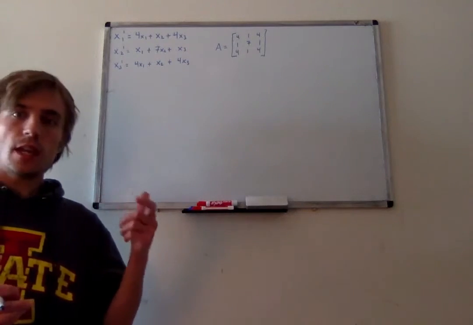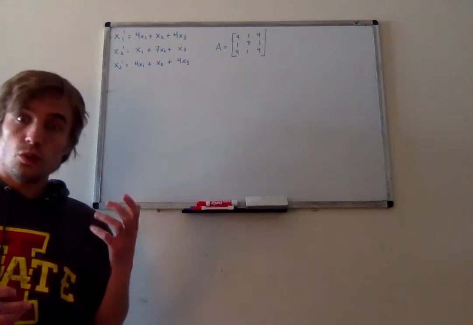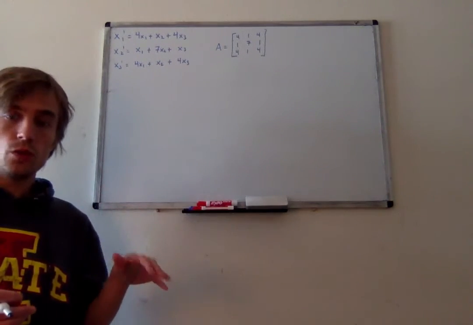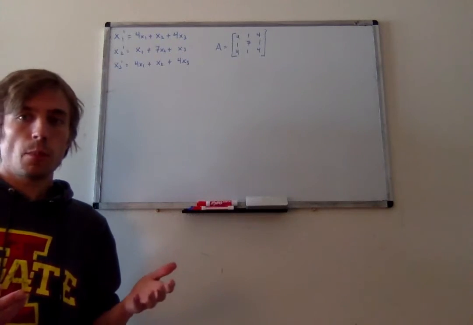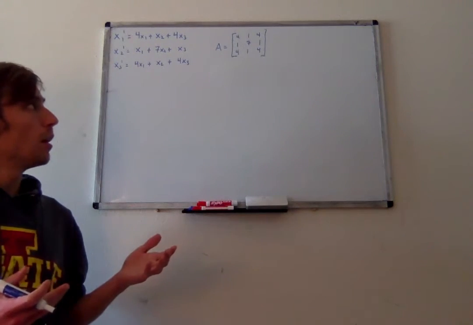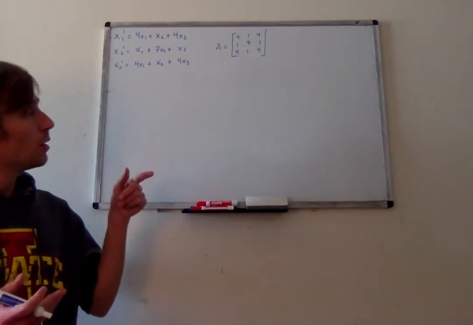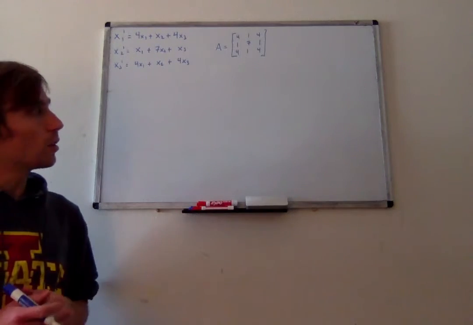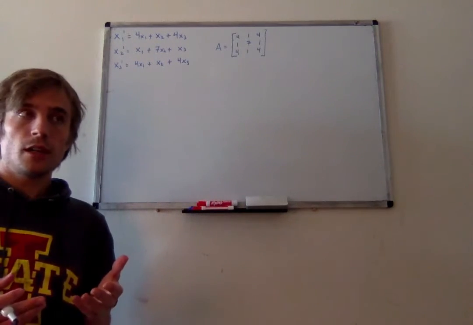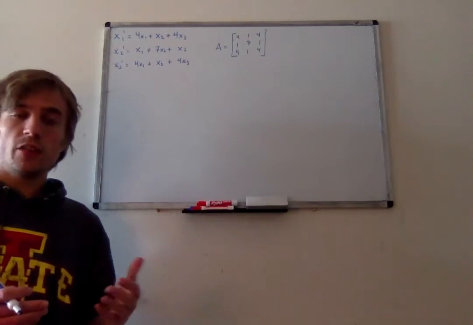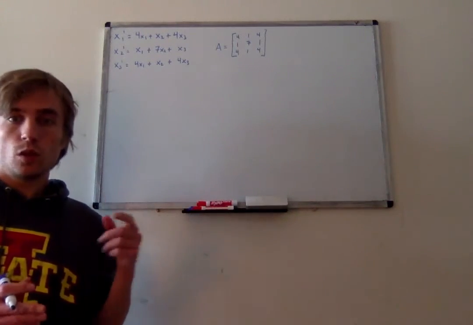Because A has 2 identical rows, we know one of the eigenvalues has to be 0. On top of that, if you look at the sums, all of the rows sum to 9. So we know an eigenvalue has to be 9 with eigenvector 1, 1, 1.